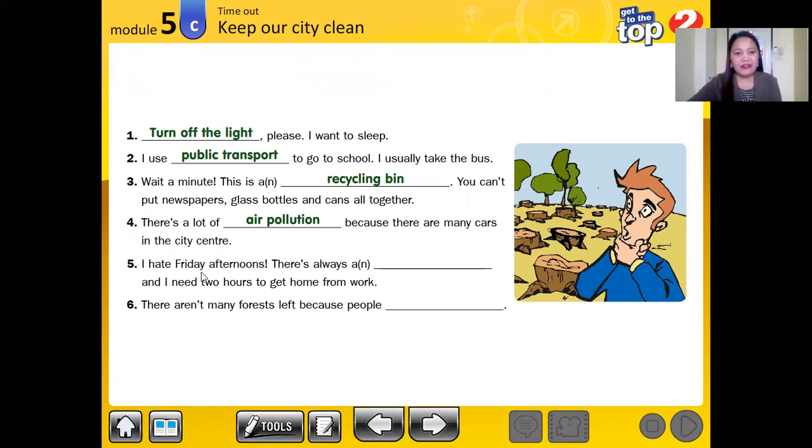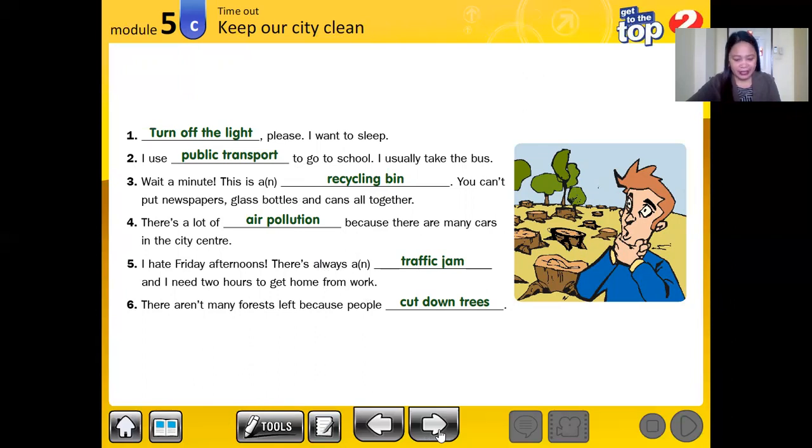I hate Friday afternoons. There is always a traffic jam, and I need 2 hours to get home from work. Next, number 6. There aren't many forests left because people cut down trees. So these are the phrases that complete our sentences in activity A.